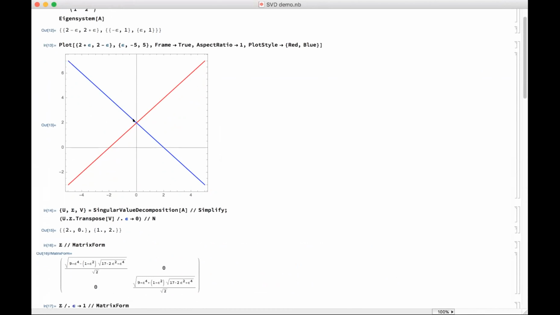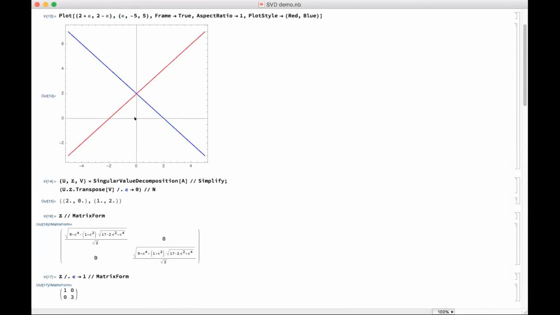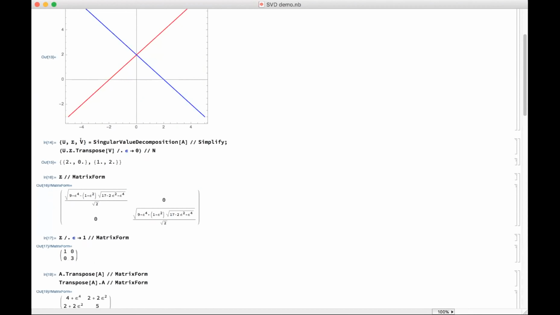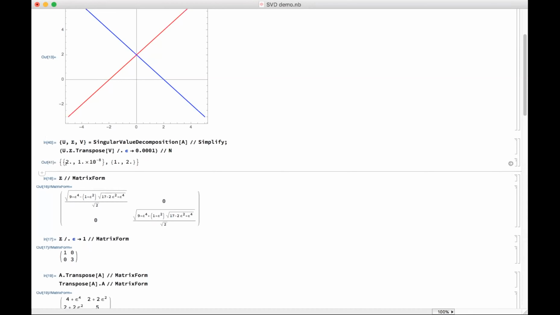When epsilon equals 0, the two eigenvalues coincide and the system becomes degenerate. And this is the singular value decomposition. You can verify that when epsilon goes to 0, the singular value decomposition was successful. But when this is not 0, for example, if we give it a very small number, then you will see there are going to be some computational errors from the computer, right?